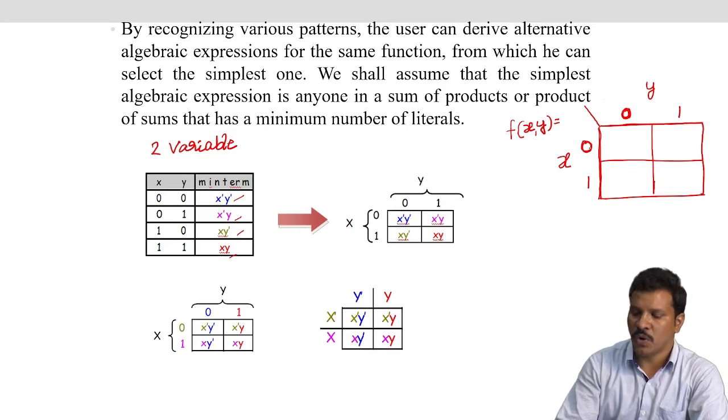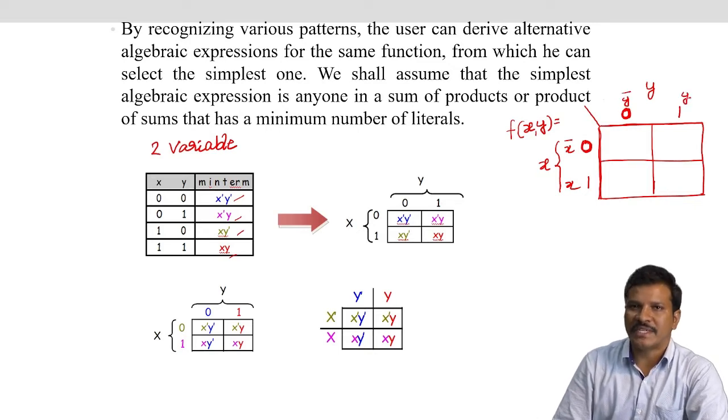So the first row of variable x is represented as x bar. Whenever it is considered as x bar and x, y is represented as y bar and y.